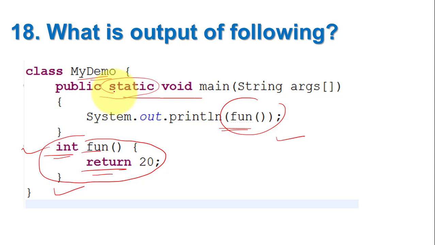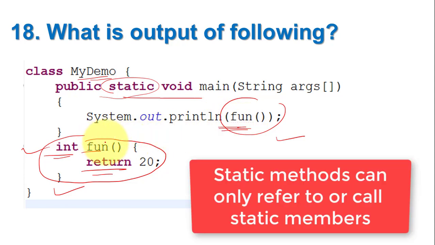So the very first thing you should remember is that a static method can only call methods which are static. Here, from a static method you are calling the fun method, and fun is not static. Had it been static int fun, it would run successfully.